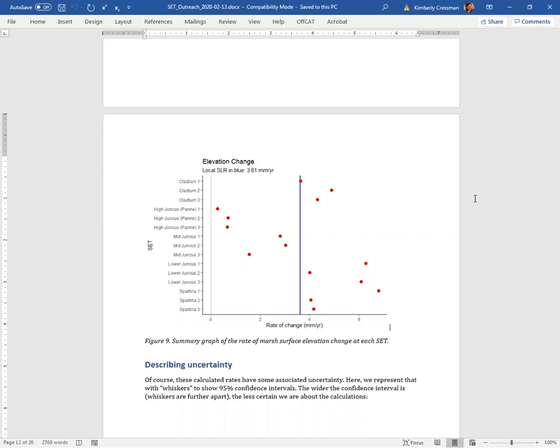Another thing that we have tried to do is arrange the surface elevation tables in order from low marsh or lowest elevation relative to the water line, essentially, up to going uphill, upslope at the top. Not all reserves had that information to give, so they will be arranged alphabetically if that wasn't the case. But otherwise, it's going to be low elevation at the bottom, high elevation at the top.